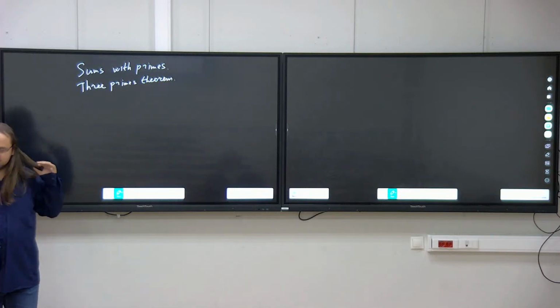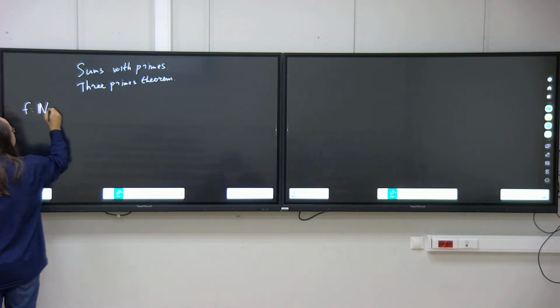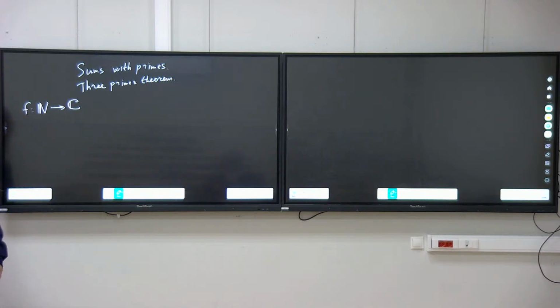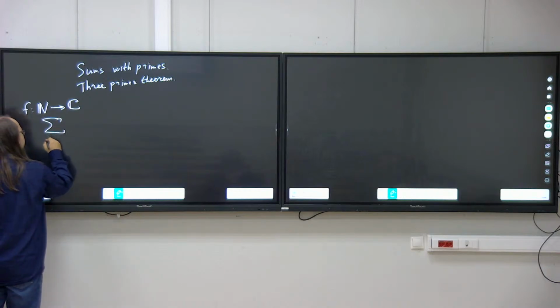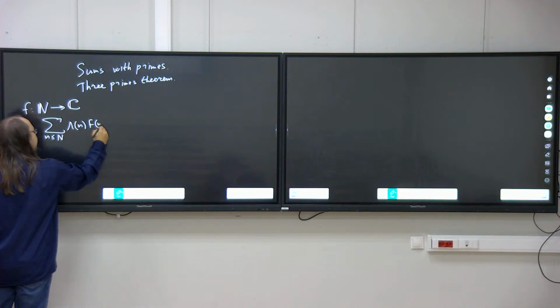So first of all, suppose you have some function f from natural numbers to complex numbers, and consider the following sum over all n less than or equal to capital N, lambda of n multiplied by f of n.